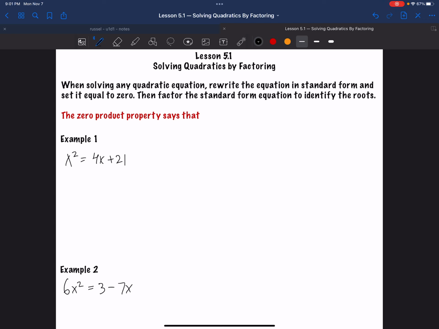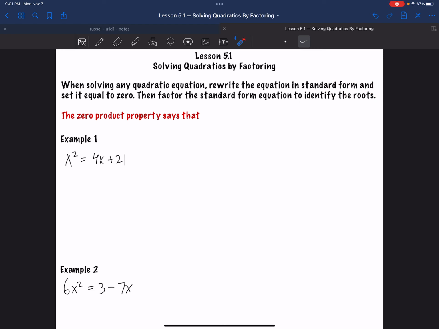So first things first, when solving any quadratic equation, and this goes for everything, not just factoring, we want to rewrite the equation in standard form and set it equal to 0. So that looks like ax squared plus bx plus c equals 0. That's what we want to do. You will then factor the standard form equation and identify its roots.